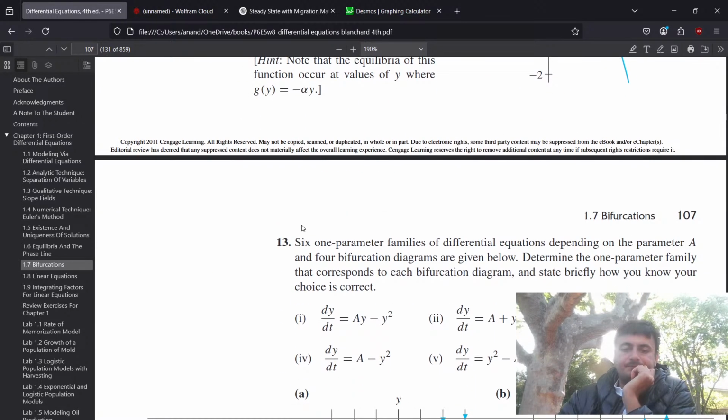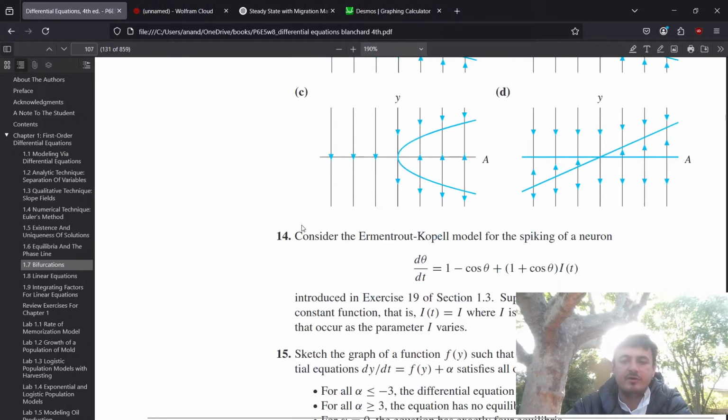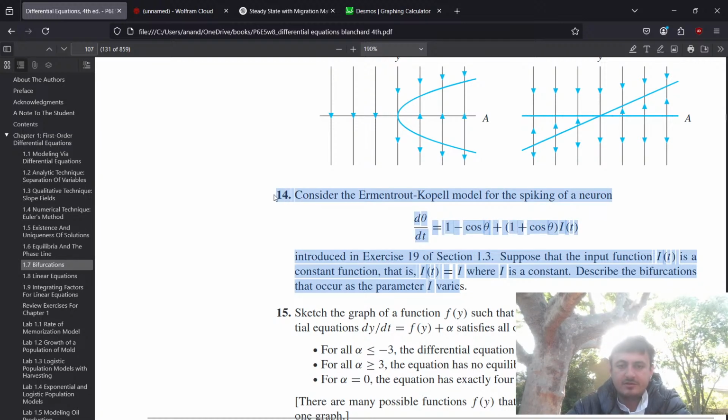All right. Oh, and then the match 'em up ones. The match 'em up ones are fun. Oh, we've considered this model before.